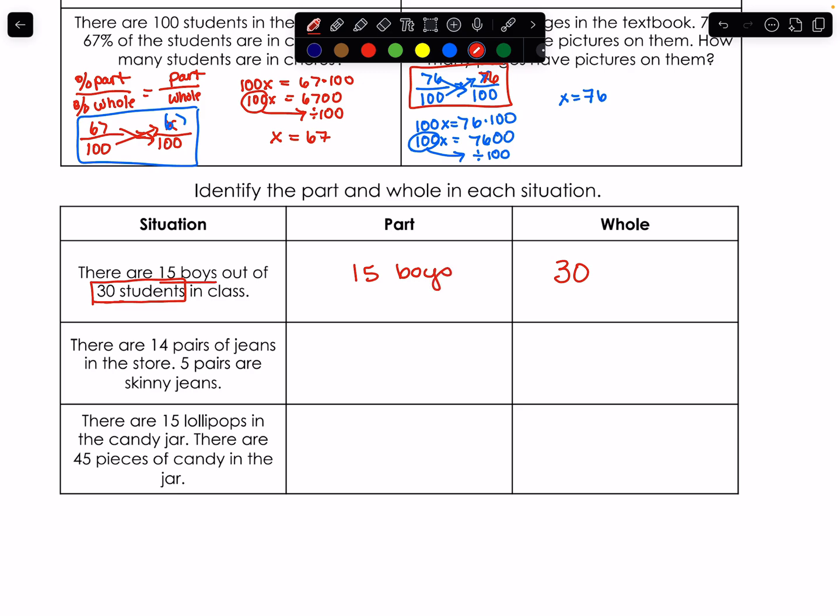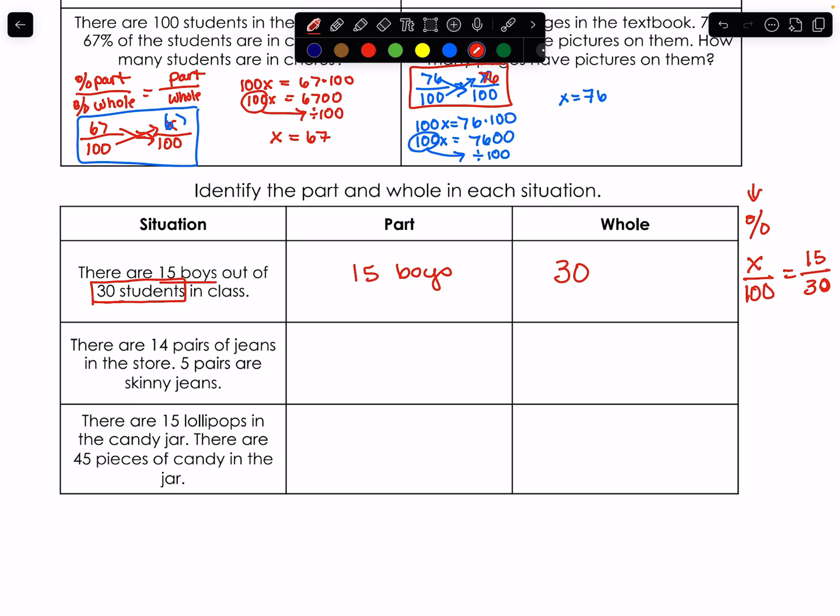Now this one does not have percents, but if it did, we'll go off to the side and show it. Our 100 goes with, I do not know my percent side. So this is my percent side. This is my student side. And we would do 15 over 30. We would solve using cross multiplication, and answer.